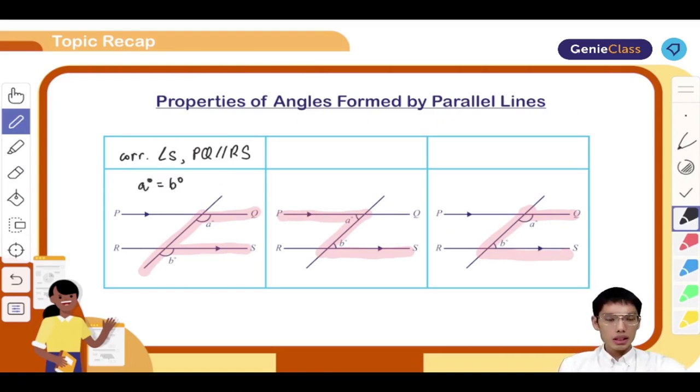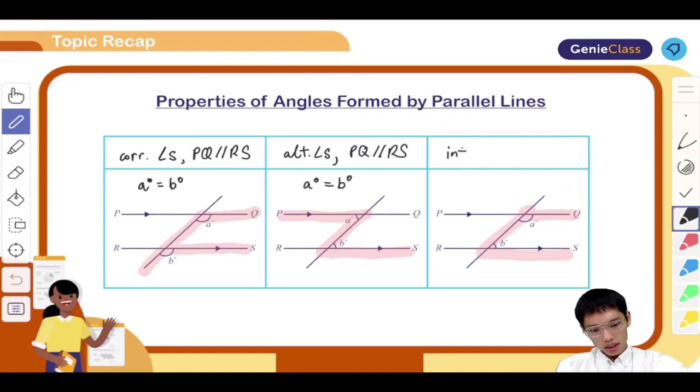Now, next one, with corresponding, I have alternate angles, with my 2 parallel lines PQ, RS, and my 2 angles over here. Lastly, with C, I have interior angles, with my parallel lines PQ parallel to RS. And in this case, what is that property? Is it still A equals to B?